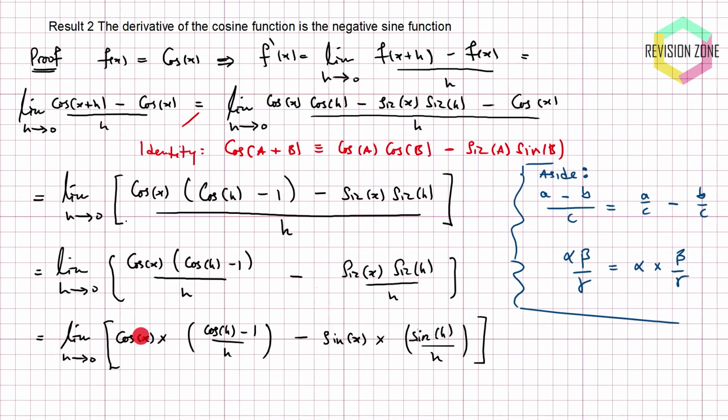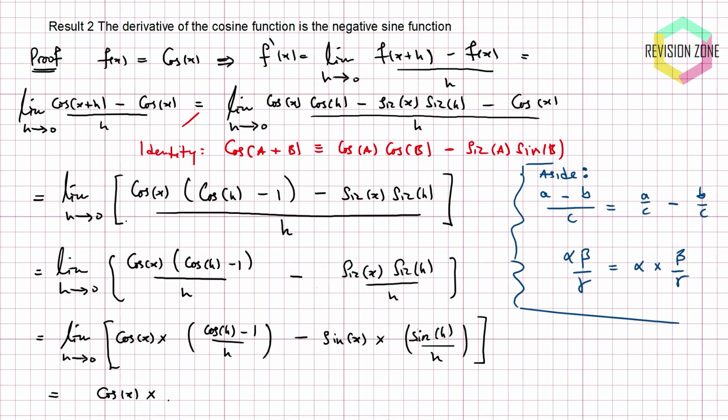We see that we have a function just in terms of x and a function just in terms of h, and again we have a function just in terms of x and a function just in terms of h. Since the limit is going to apply to everything inside the bracket, to the entire thing, it's going to be distributed across the bracket. But obviously the limit is with respect to h, so it's not going to impact anything purely in terms of x. Okay, so what I can write down is that the cos x is just going to be there.